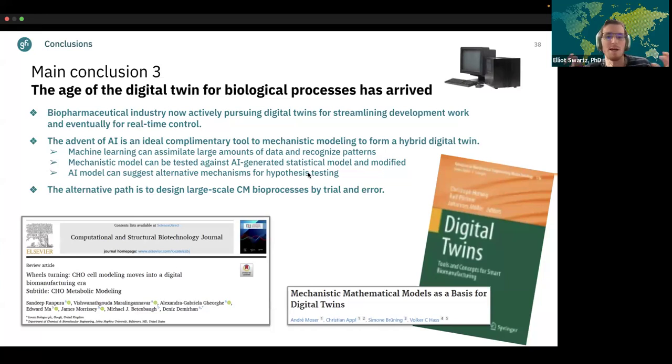These all can work together to bring us to this point where perhaps it is possible to really create a model that is truly predictive of something as complex as a cell growing or trillions of cells growing in a bioreactor.